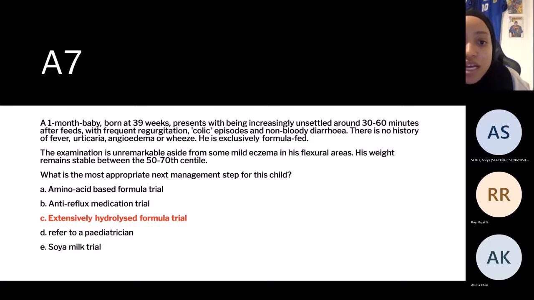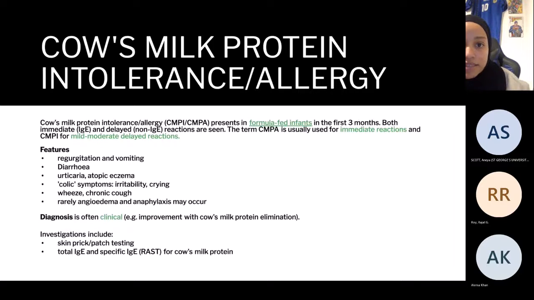Refer to a pediatrician only after you've tried both of those and you see maybe that the patient is unstable in their weight, or they have some history of fever, urticaria, angioedema, wheeze, and they're just not getting any better. Then perhaps you'd refer them to a pediatrician to try and figure out what is causing these symptoms. I hope that makes sense.